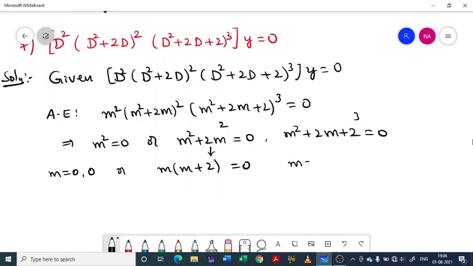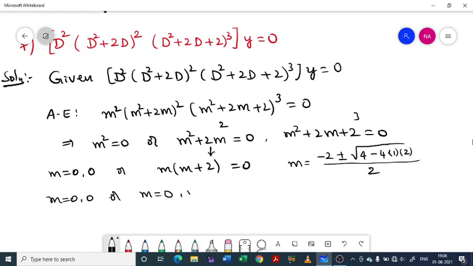So you have to use the formula. m equal to minus 2 plus or minus square root of 4 minus 4 into 1 into 2, divided by 2. So m equal to 0, 0, or here m equal to 0, m equal to minus 2, or m equal to minus 2 plus or minus.